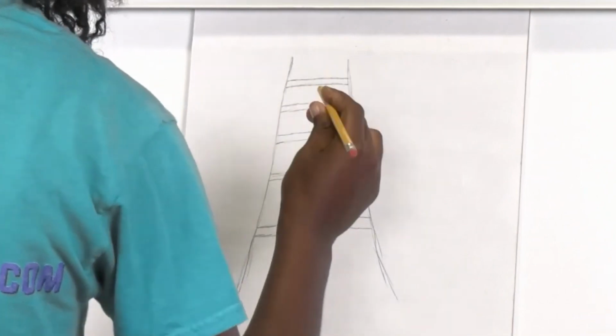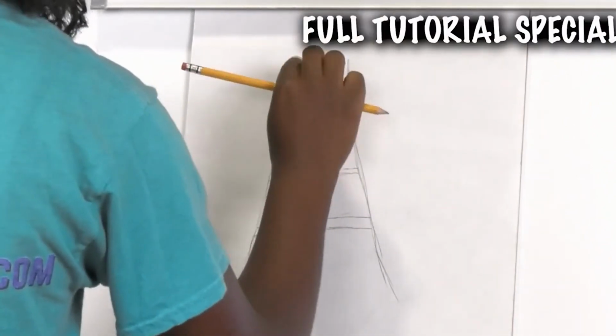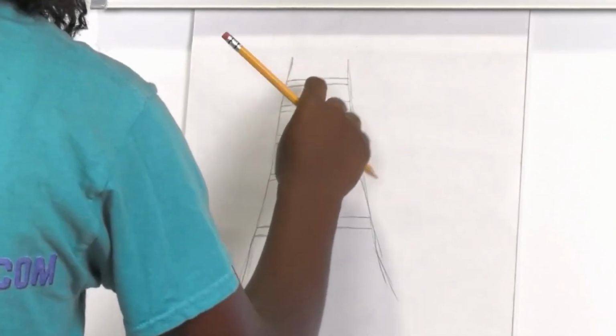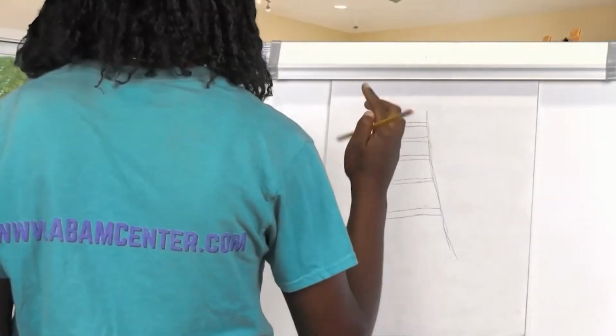Now what we're going to do is we're going to start drawing it's 2 sets of windows. So first we're going to draw the small windows up top, then we'll come back again and do the bigger windows, okay?